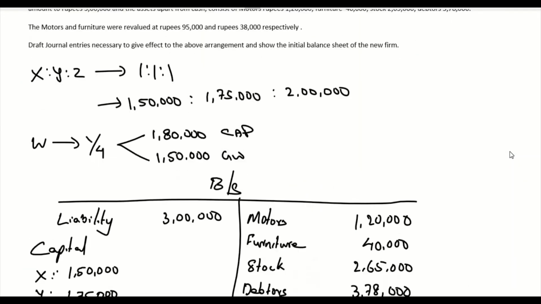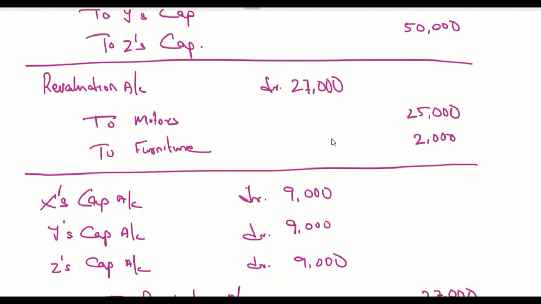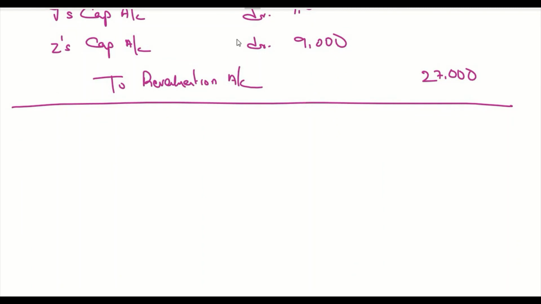Now the question says you need to pass the necessary journal entries and show the balance sheet. So the question doesn't state that we need to prepare the revaluation account or the capital accounts. So we can directly go for preparation of the balance sheet, but in order to prepare it, we should come up with the cash balance and the capital balances of X, Y, and Z. So let's do that.